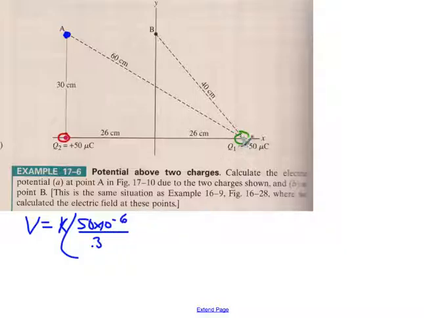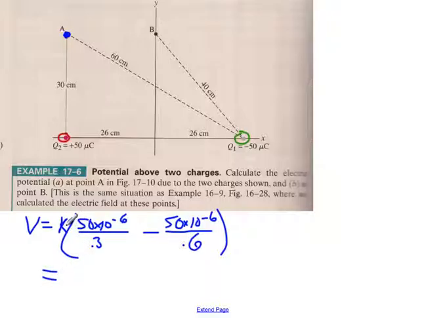Okay, and then this guy is negative, so his influence is going to be negative 50 microcoulombs, and this would just cancel out, but he's not the same distance away. Looks like the geometry says he's 60 centimeters away, so that's what's going to happen there. Since we're dividing by a bigger number here, we're going to be ultimately subtracting something less.